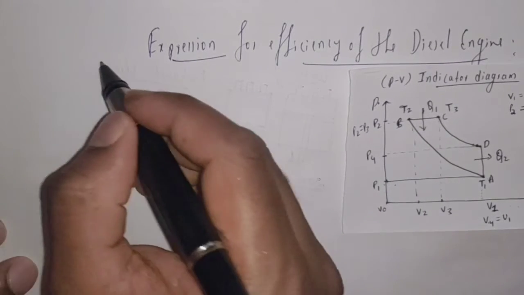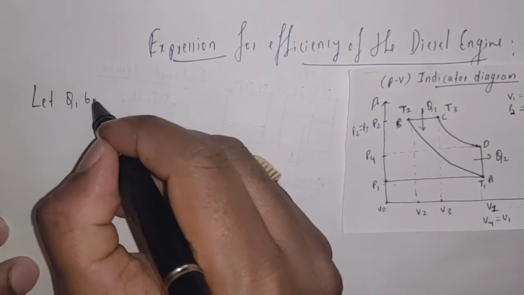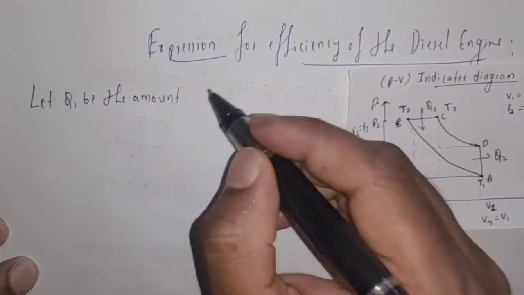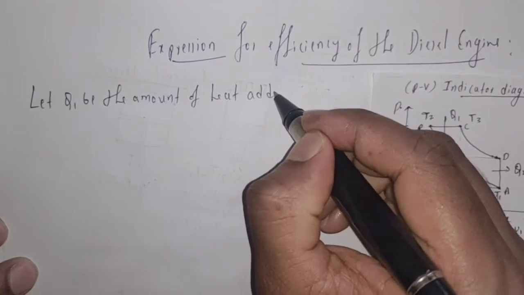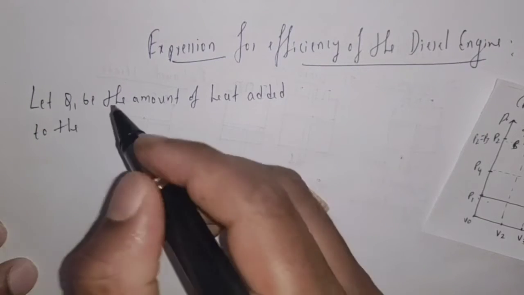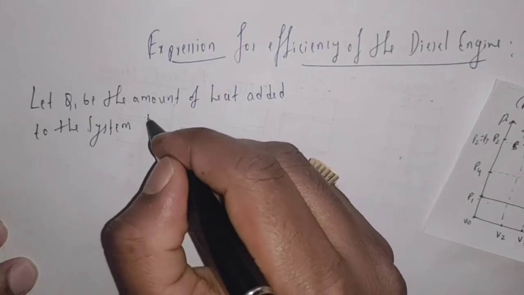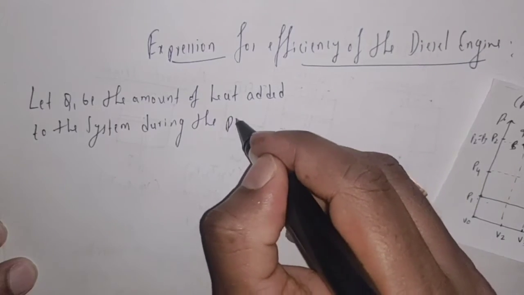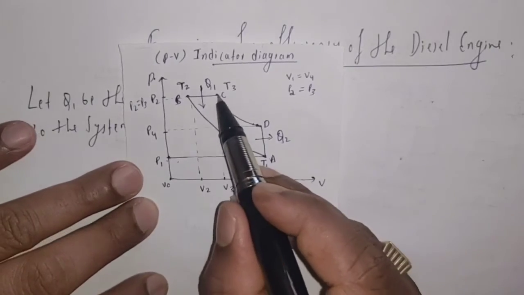Let Q1 be the amount of heat added to the system during the process BC.